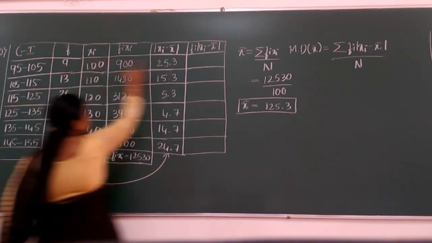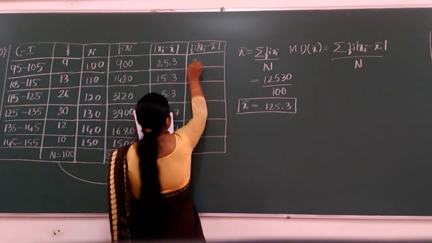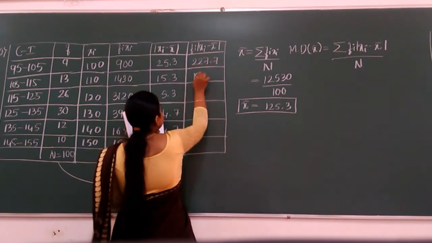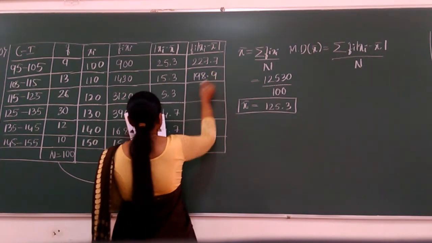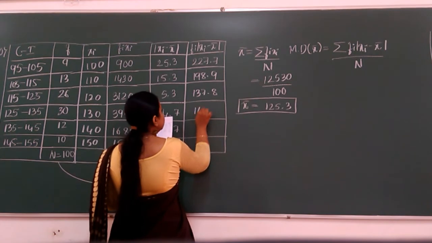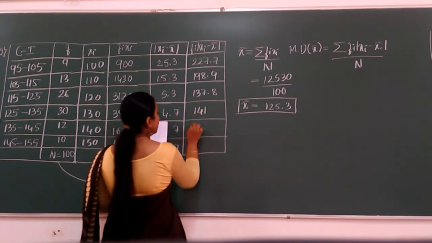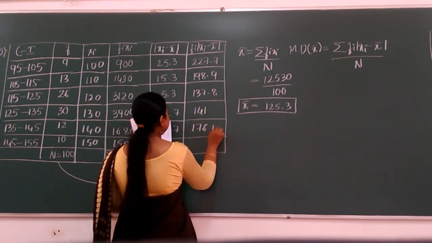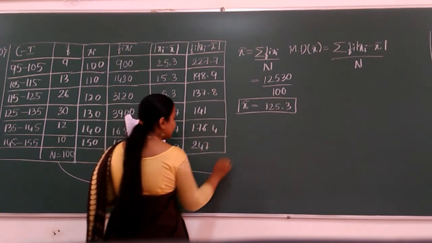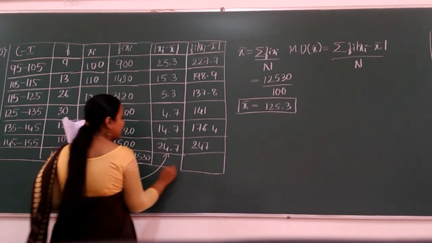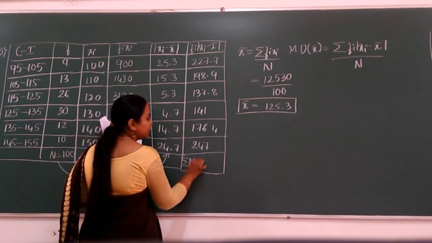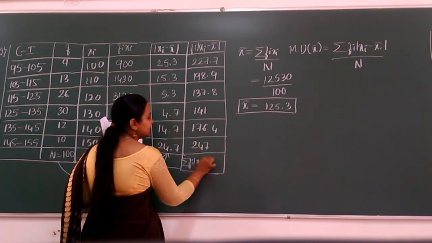That is 9 into 25.3, which is 227.7. Next, 198.9, 137.8, 141, 176.4, 247. And you need to add all these so as to get the summation of fi into modulus of xi minus x bar.